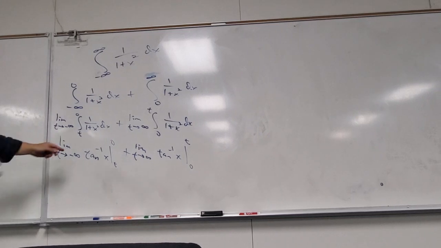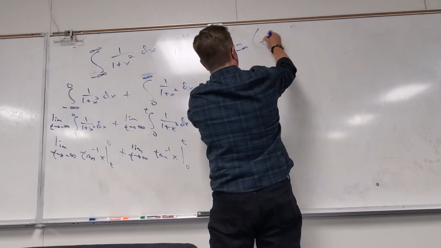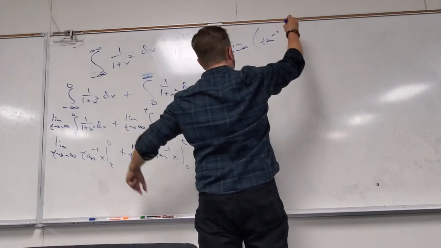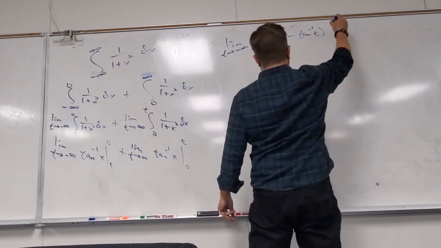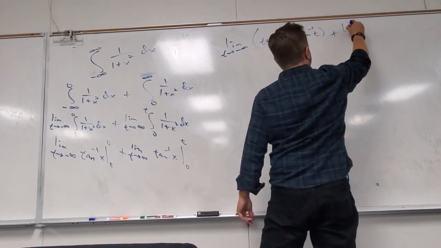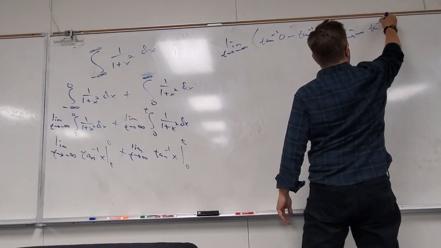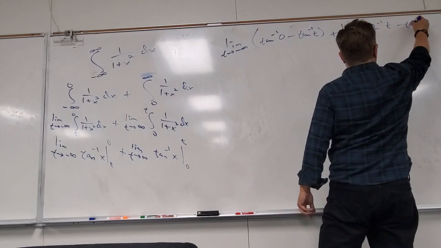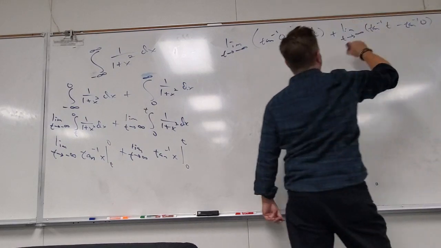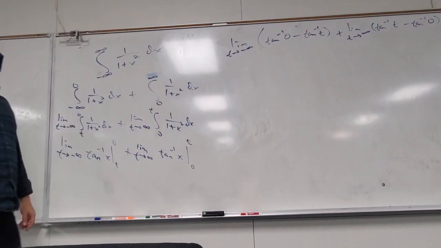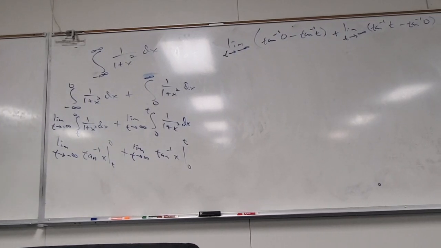Okay, so then we got the limit as t goes to negative infinity of arctangent of 0 minus arctangent of t, plus the limit as t goes to infinity of arctangent t minus arctangent of, what was it, 0? Anybody know what the arctangent of 0 is?